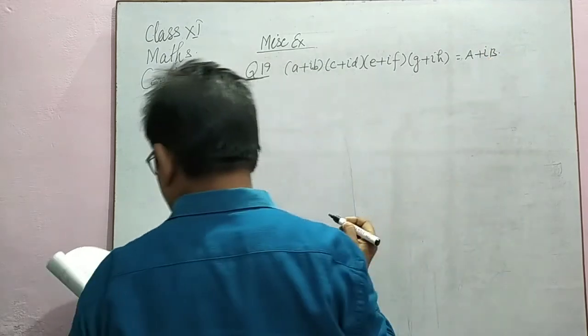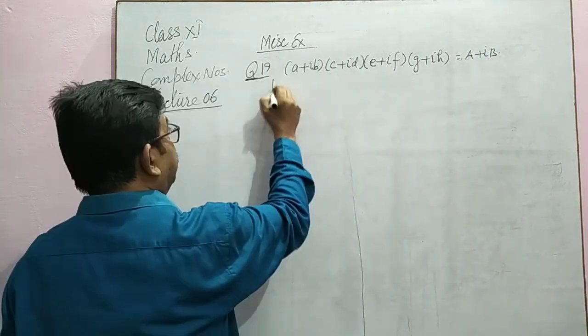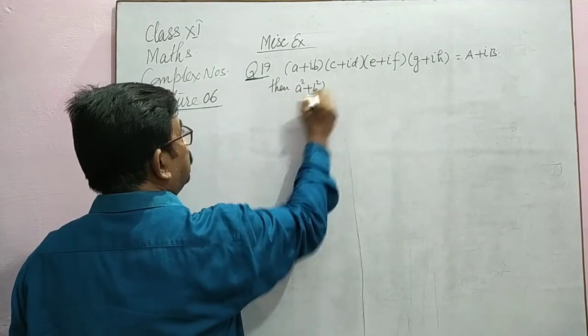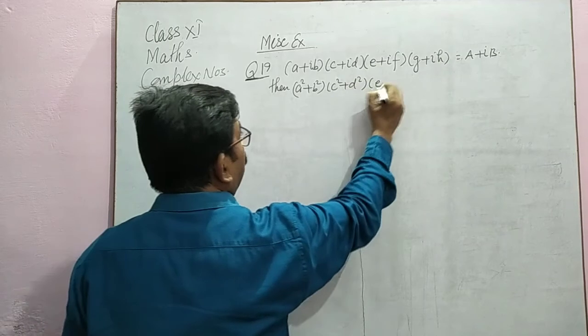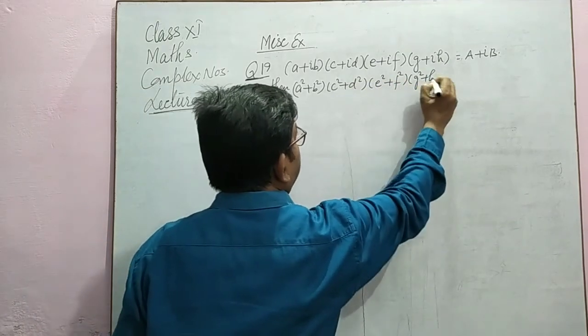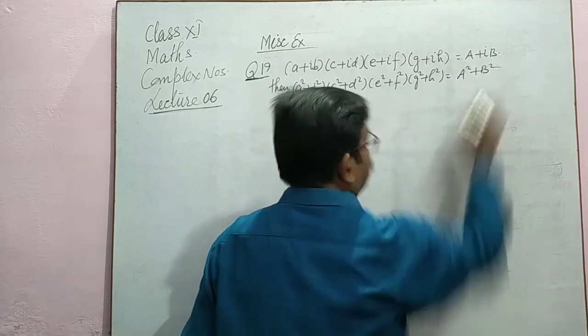Then we have to prove that (a square plus b square)(c square plus d square)(e square plus f square)(g square plus h square) is equal to A square plus B square.